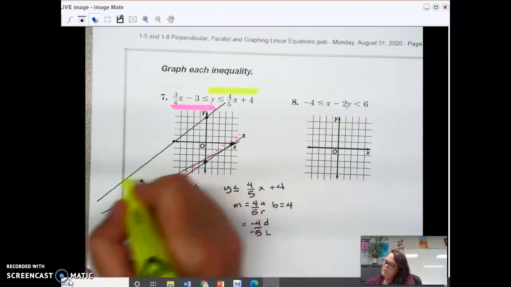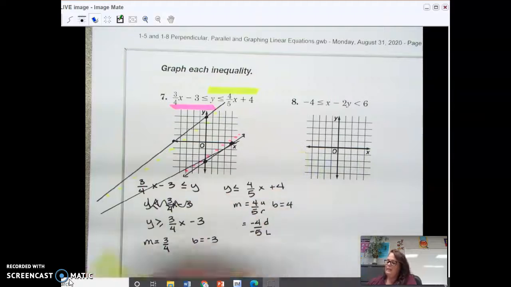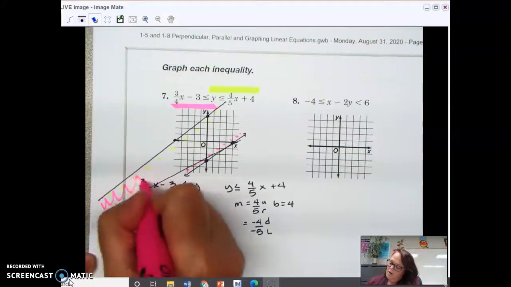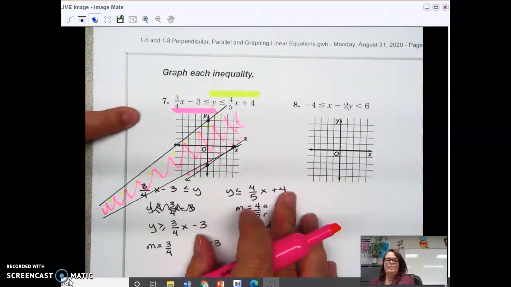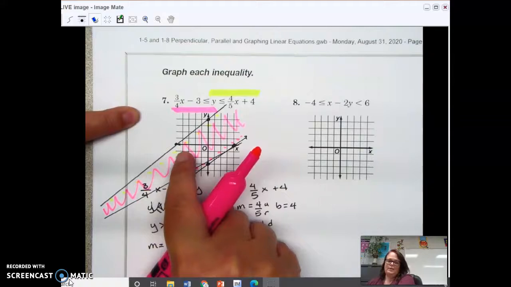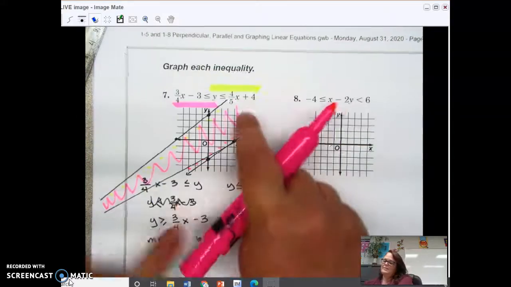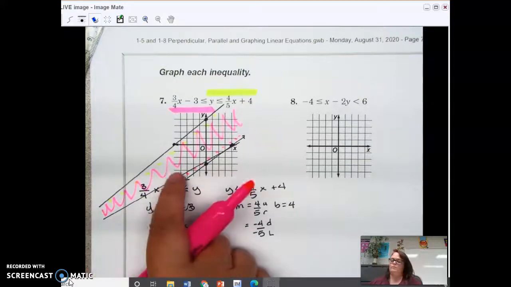This one says shade below. Do you see that they're facing each other in between those two lines? From the point where they would intersect all the way out, this would be my shaded region, because anything above here would not be shaded with the yellow, and anything below here would not be shaded with the pink. So this is the only section, until we reach that point where they would meet, where we would be overlapping those two.